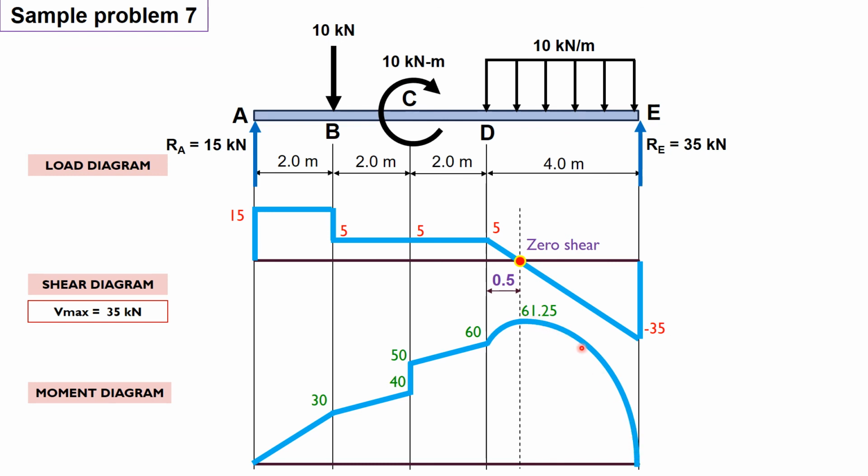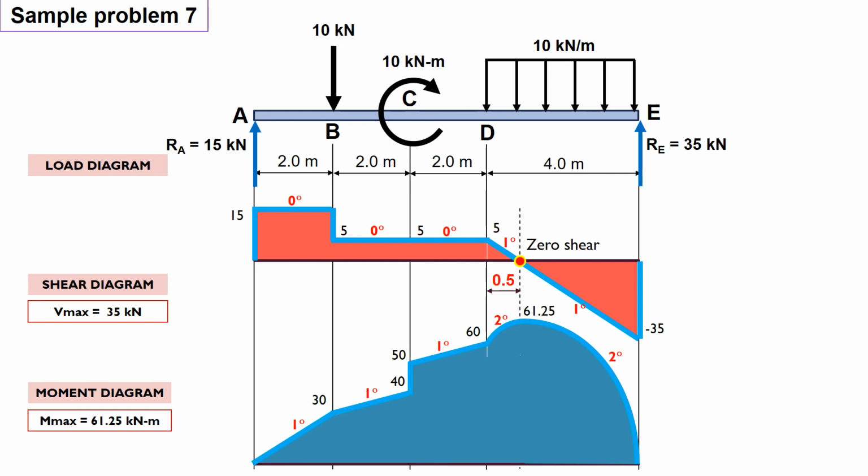So it may not be exactly this curve. Ang importante ay mai-represent natin ang concavity ng ating curve. And again, the maximum moment is 61.25. And these are the load, shear, and moment diagrams for beam number 7.